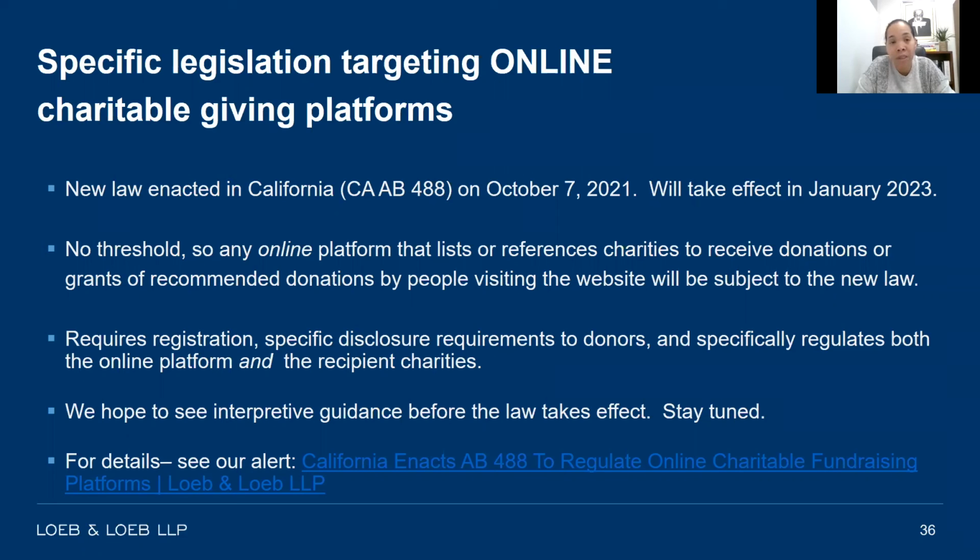It would just require that you had a written CCV agreement in place. So that's just one example of a little change. If you have under 6, you're not online, you may still trigger other sections of California law, but you're not going to be deemed an online charitable giving platform. We will expect to see guidance on this, but we'll also expect to see more states following California's lead.